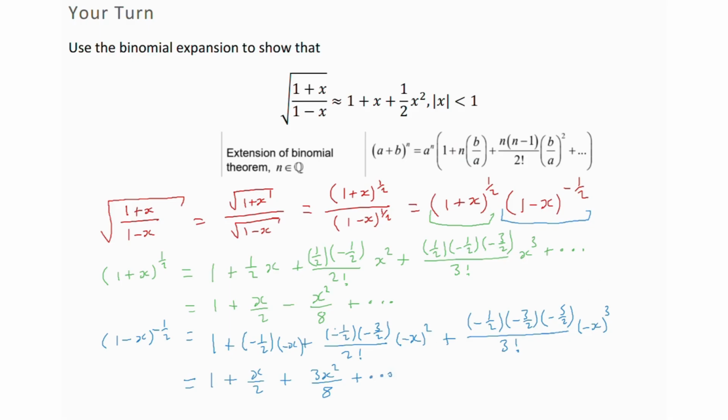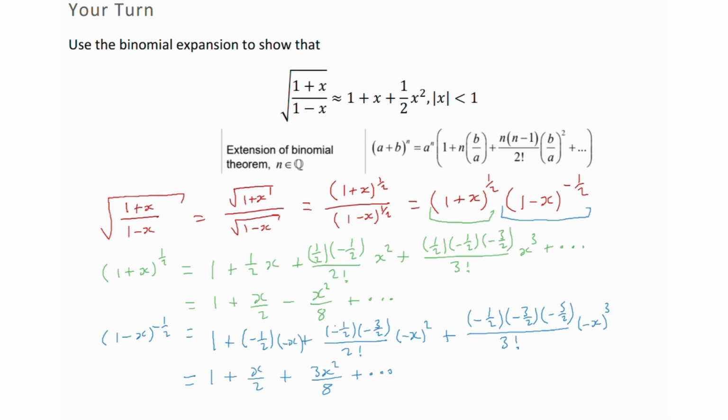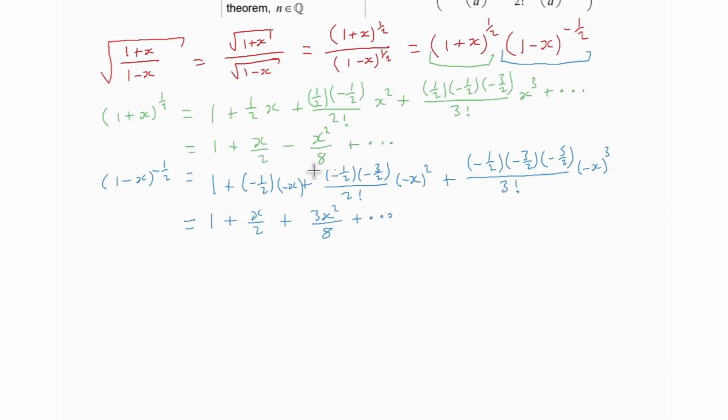Now coming back to what we're trying to do, now that we know those two expansions, we can come back to our original expression, which is that the square root of 1 plus x over 1 minus x is equal to the product of these two things.